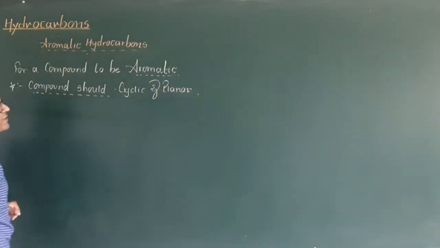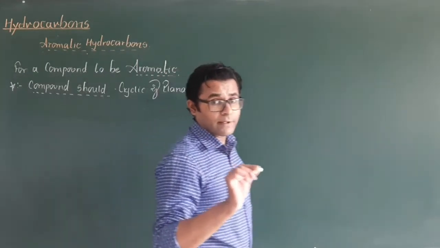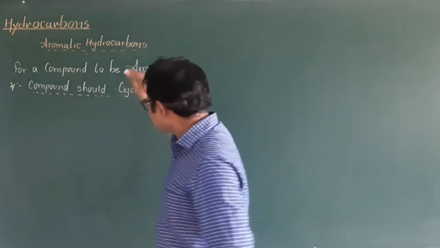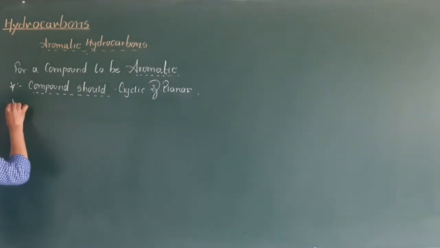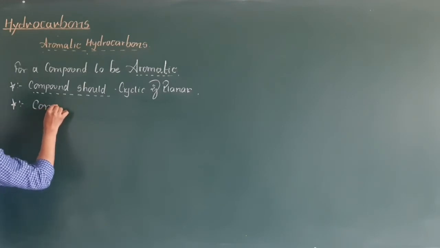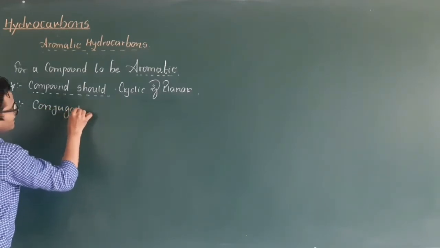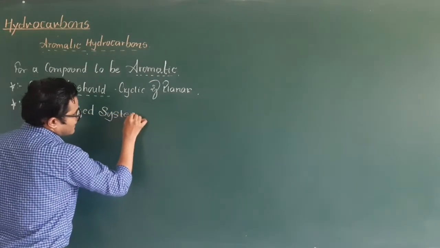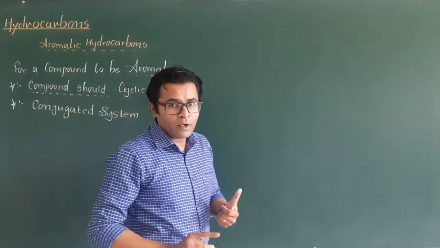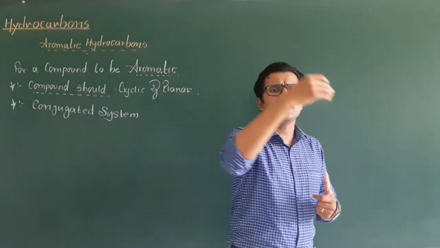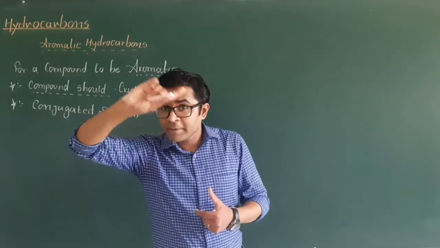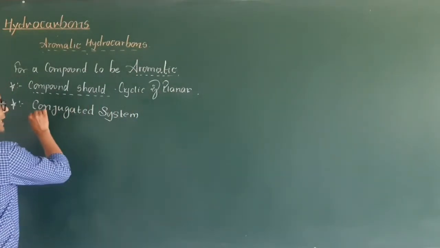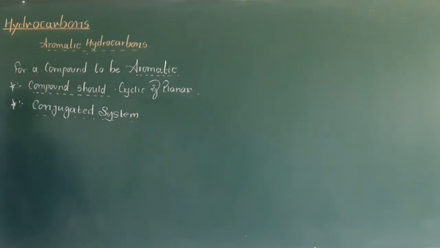This is our first point, where we need to observe carefully whether the given compound is cyclic and planar. The second requirement is a conjugated system. That is a system with a double bond, or with a double bond with some positive or negative charge, in such a way that the pi electrons keep on delocalizing. That is where we call it a conjugated system.